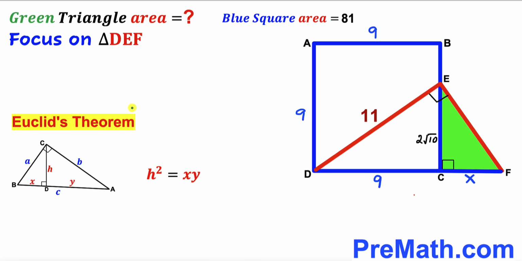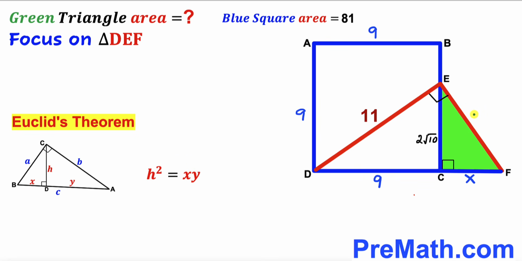Let's recall Euclid's theorem. As you can see in this given right triangle ABC, along with this perpendicular CD represented by height lowercase h, and these two other segments represented by x and y, according to Euclid's theorem, we can write h squared equals x times y.